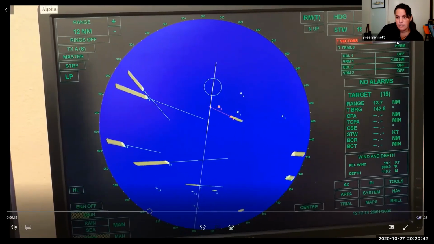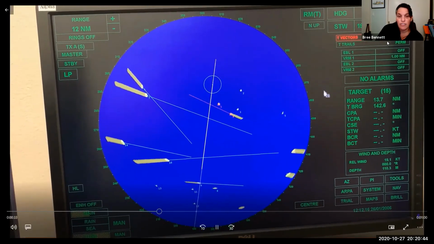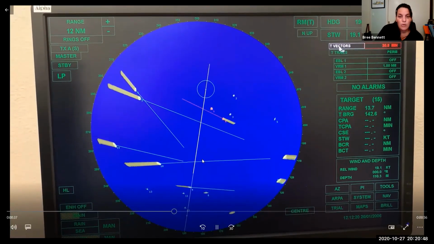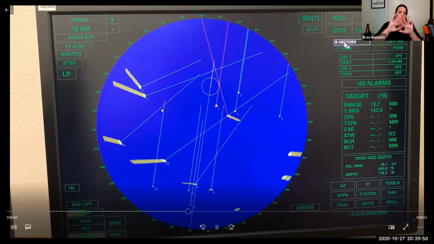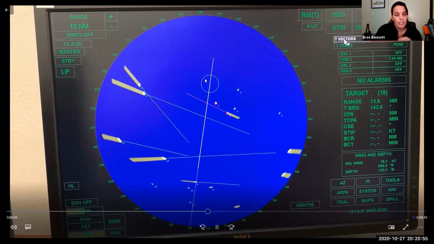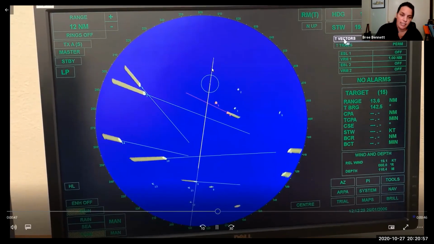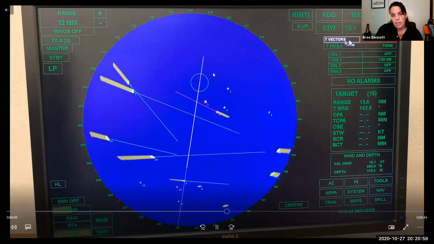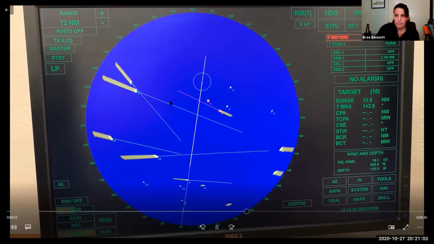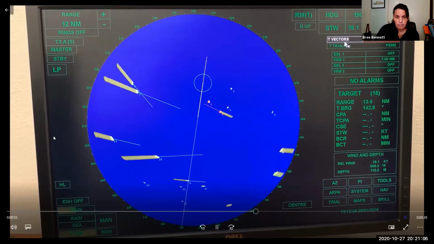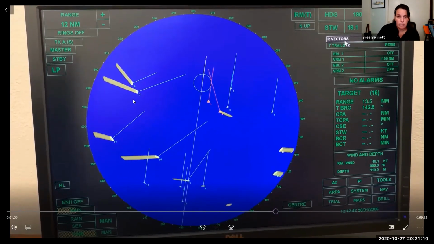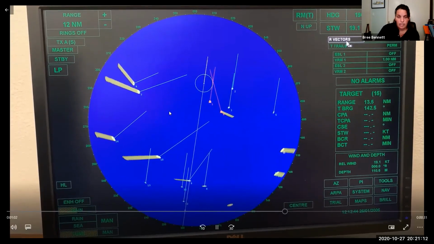Okay, we're moving our vectors to 30 minutes. So you get all sorts of big lines the bigger the vectors are. But sometimes you want to see them cross you so you know if they're passing ahead of you or behind you. Okay, I bring it down. I guess I'm just toggling here between true and relative.